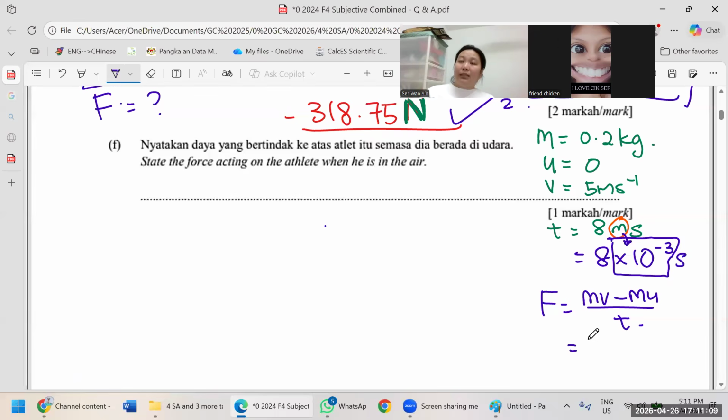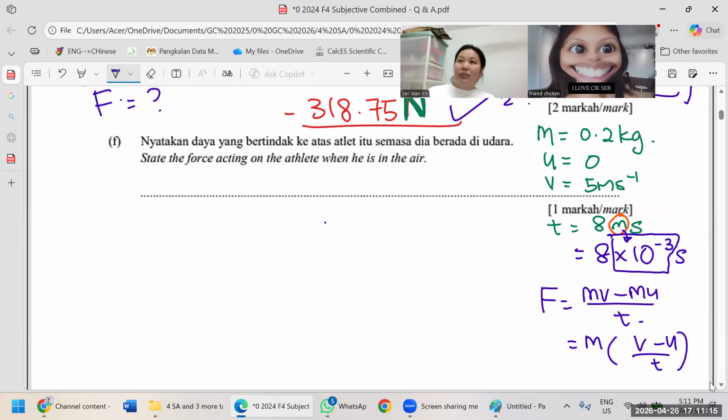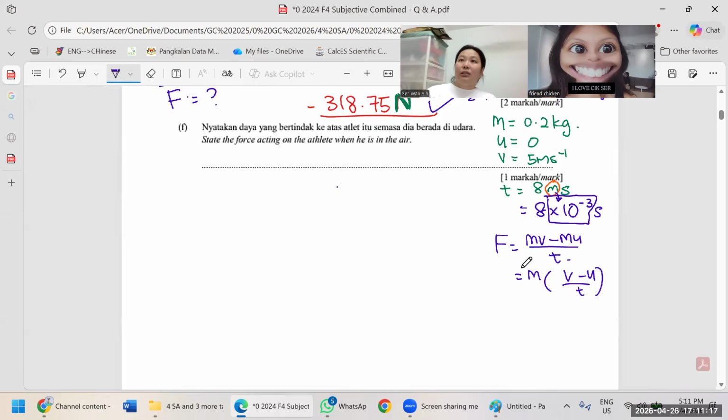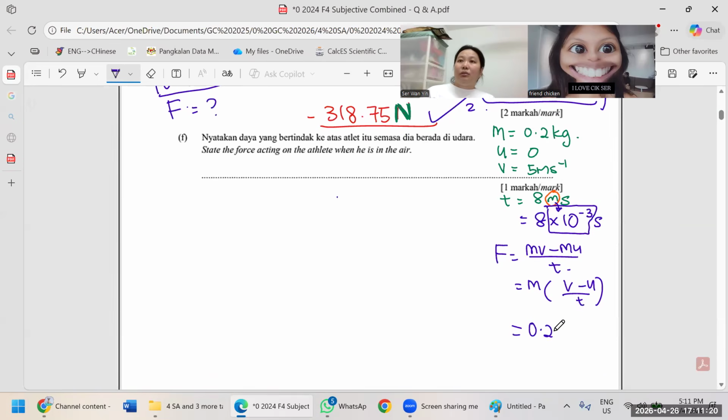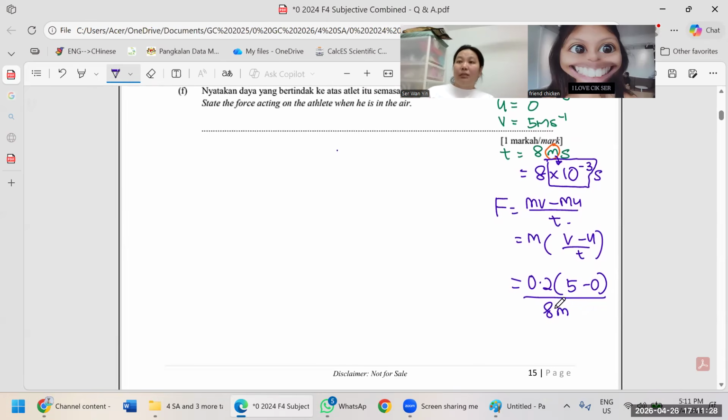For me, I'm a lazy person, I like to factorize out M, V minus U over T. Then 0.2 times 5 minus 0, divided by T, which is 8 milli. When you press the calculator, you press 8 milli or 8 times 10 to the power of negative 3.